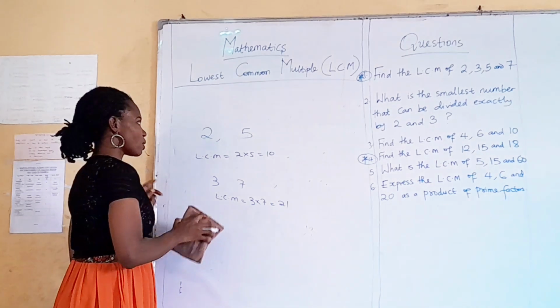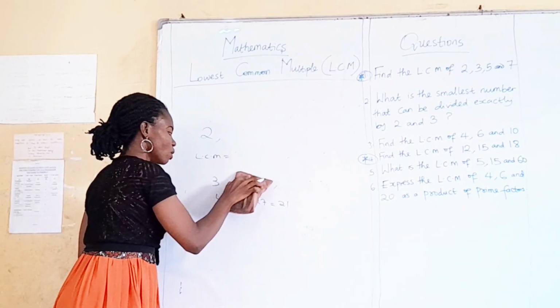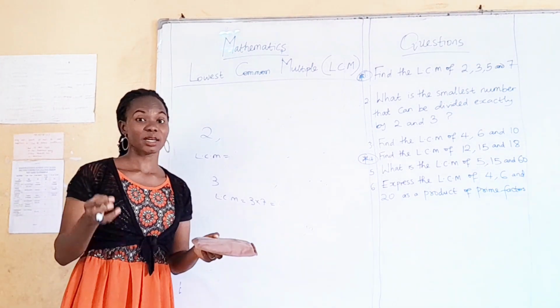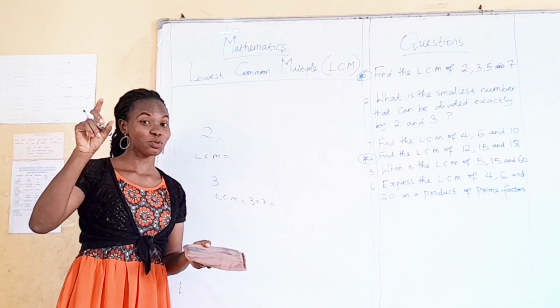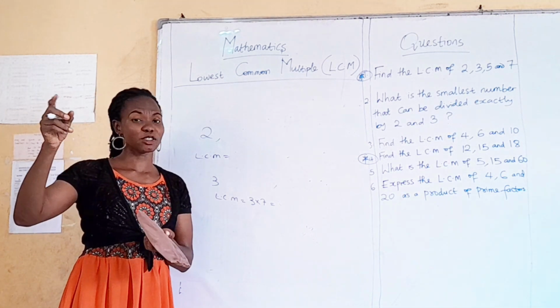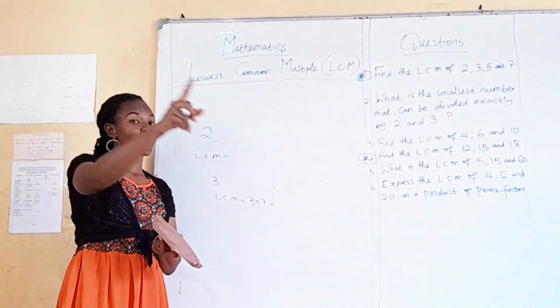Then the second one is when you have two numbers, or even more than 2 numbers, and one of the numbers, which must be the biggest number, is a multiple of all of them.